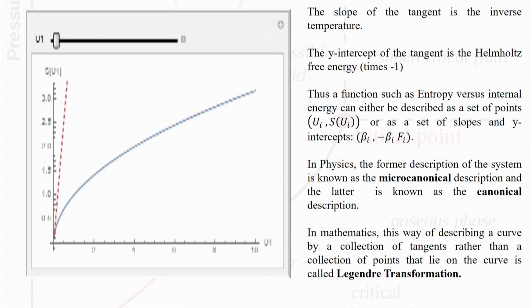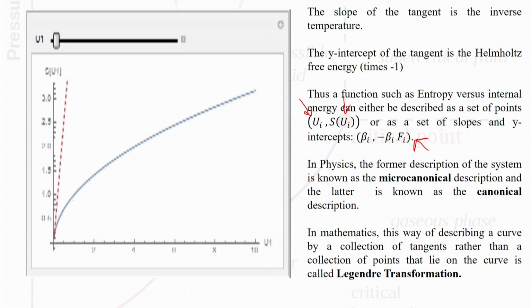By providing these two numbers, it's the equivalent of providing, rather, an alternative to providing u and s of u. In other words, you don't have to provide points that lie on the curve, you can alternatively provide the details about the tangent to the curve.